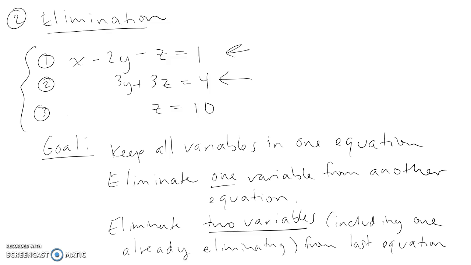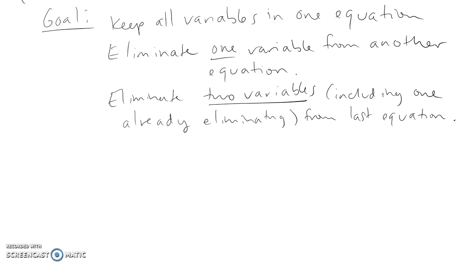If we could manipulate our equations somehow to look like that, it would be so easy to solve. Well, how do we accomplish this goal on our original system? Now I'm going to put the original system back: minus x plus 3y and 2x minus 3y plus z. How do we accomplish this?